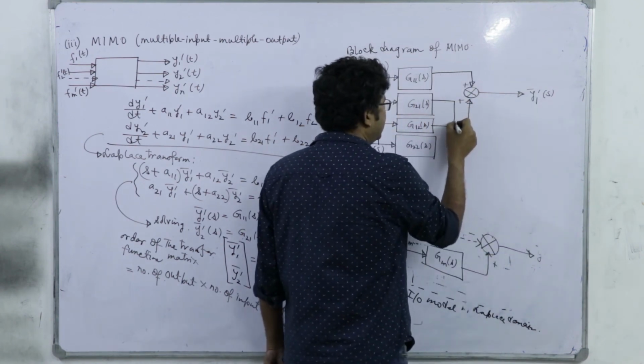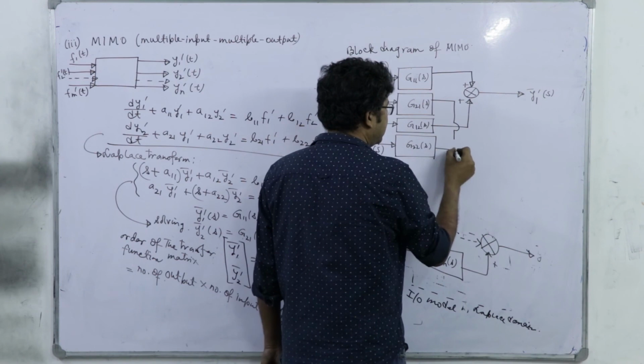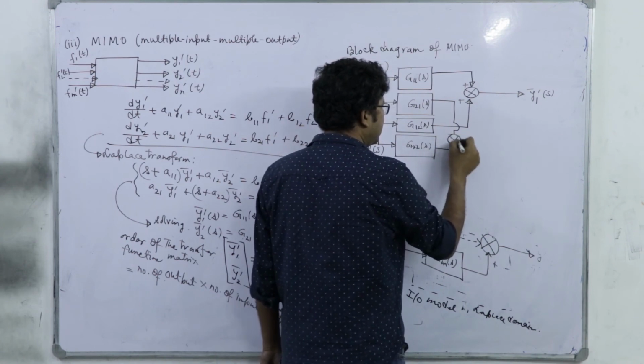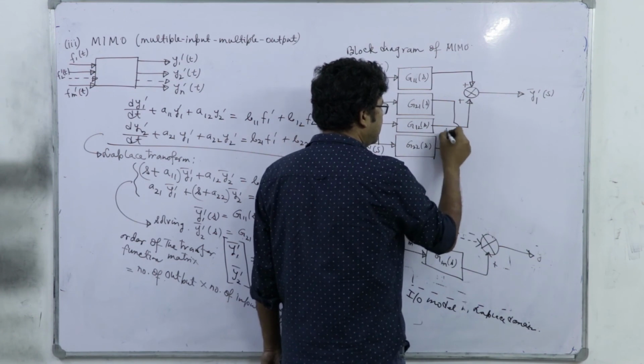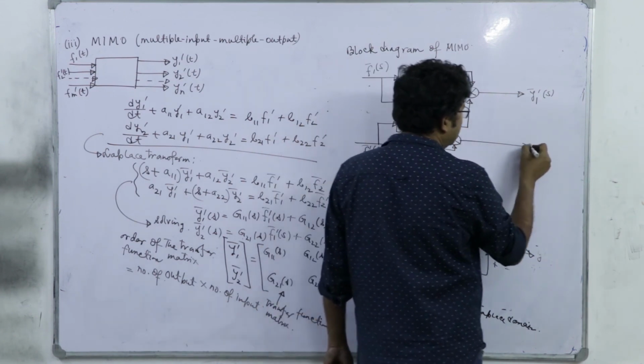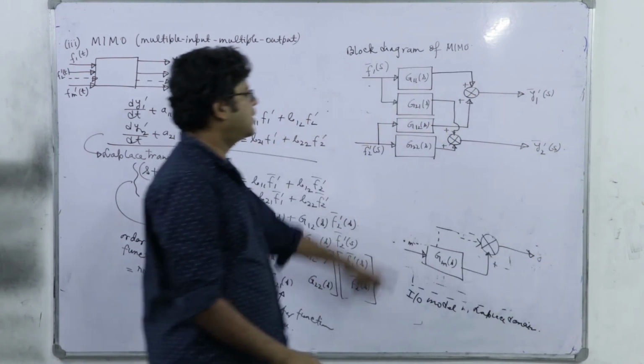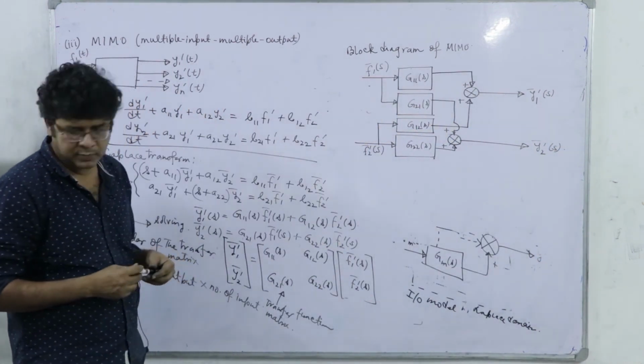And from here, so this is a typical block diagram of that input output model.